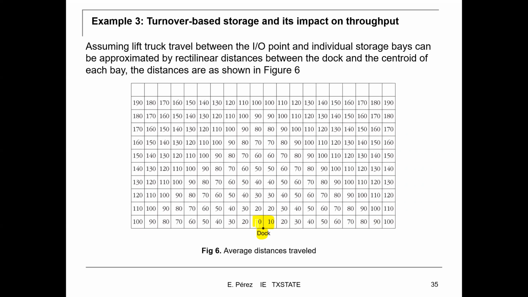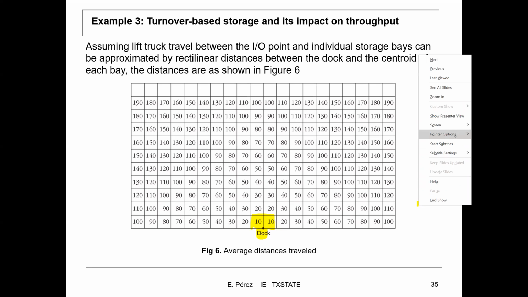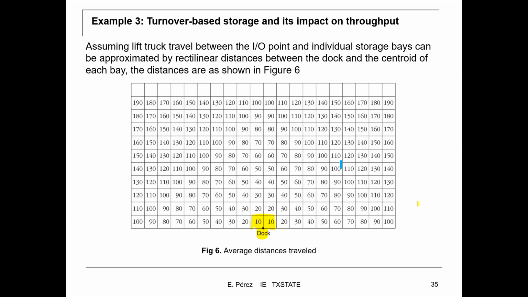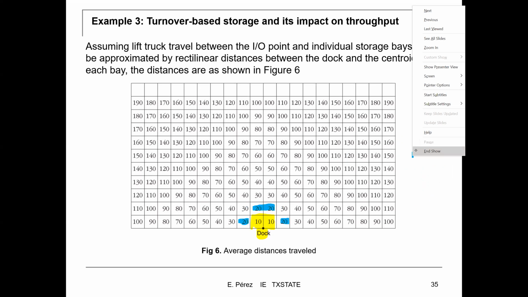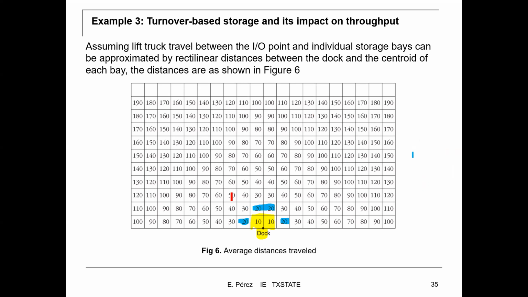So for example, 10 are those bays that are located close to the dock. But if you move farther away, let's say 20 is here, and then as you move farther away, you get the 30s, and then the 40s, the 50s, and so on.